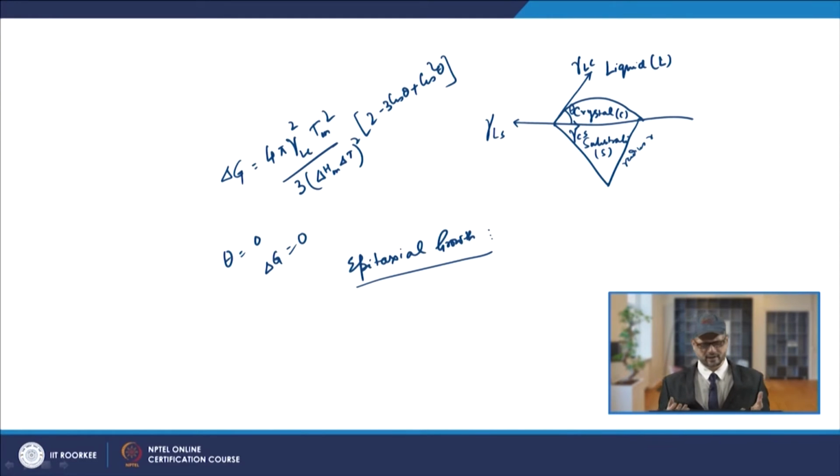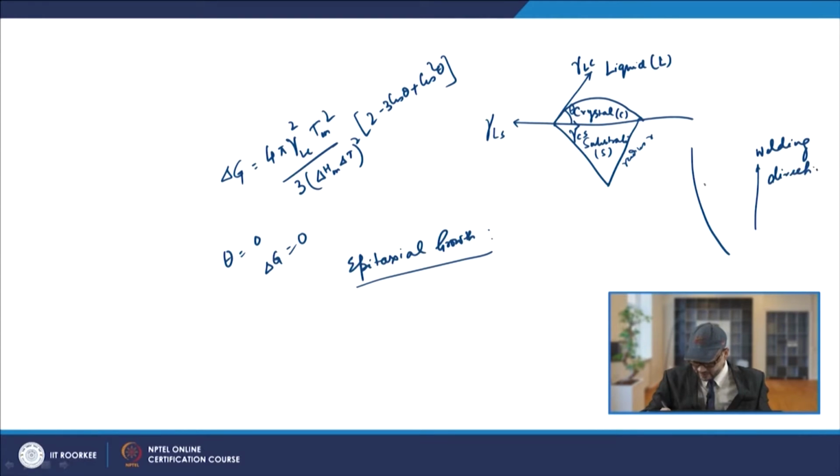Normally, if you have a material, you will have a preferred crystallographic direction in which the growth will occur. Suppose this is your weld pool, and suppose this is your welding direction.